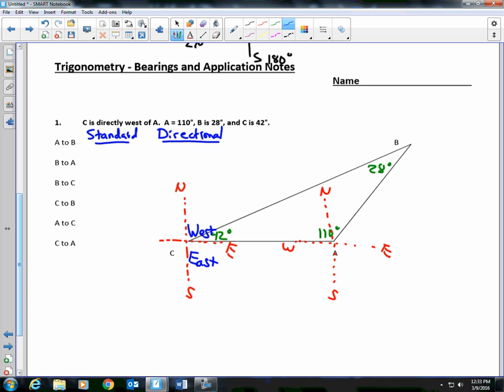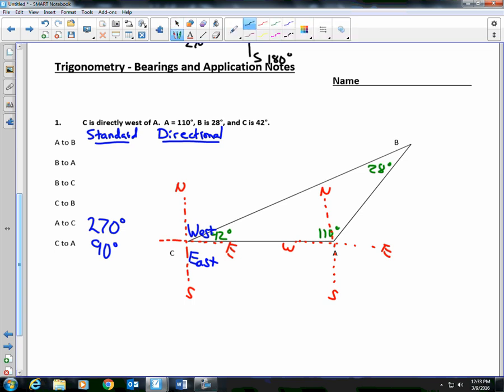Instead of writing a descriptional direction, let's actually write a number. If I'm traveling east from C to A, what is the numerical value? 90 degrees. And from A to C, 270. So that's really the easiest example. Okay?